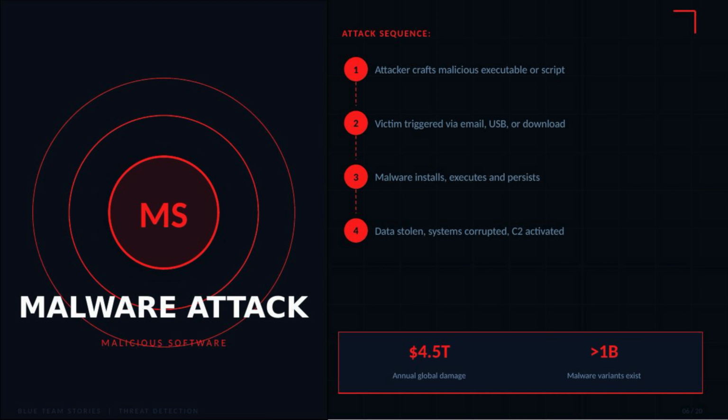Malware is one of the most common forms of cyber attack. The word malware refers to malicious software specifically designed to damage systems, steal information, spy on users, or gain unauthorized access. Malware can enter systems through infected downloads, malicious email attachments, compromised websites, or vulnerable applications.